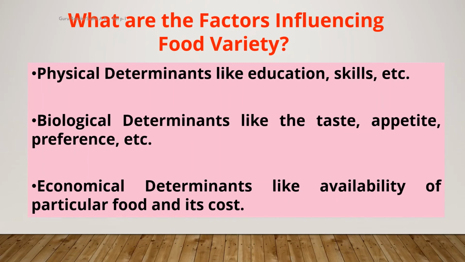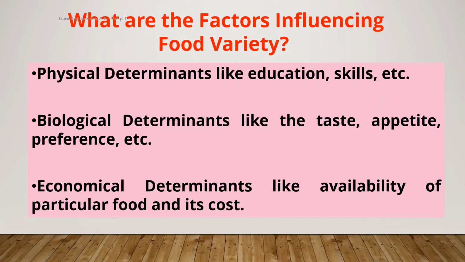So depending on biological determinants like taste, appetite, and preference, we see food varieties. And it also depends on the economic status of the person.